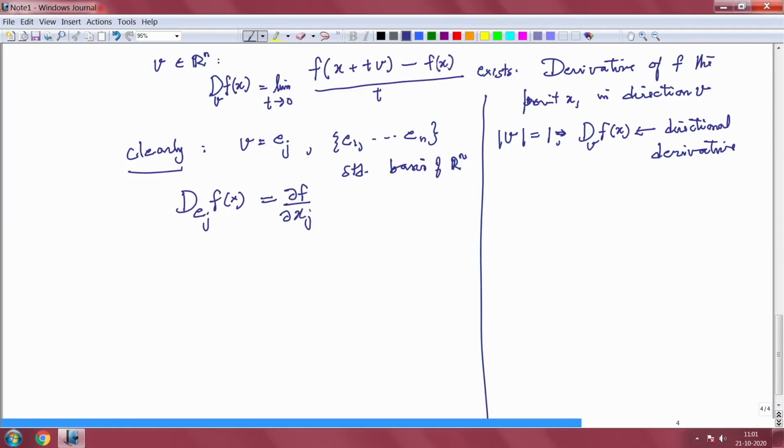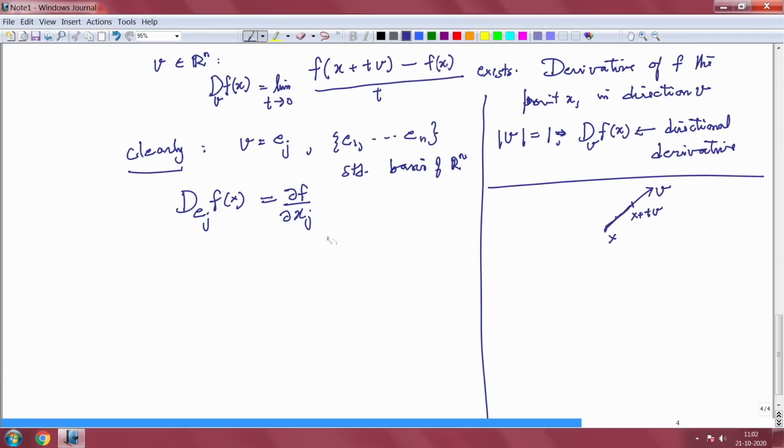So, you see, you have derivatives defined in all directions. If you have a point x and this is your v, then x plus tv will be here. When t changes, this point changes along this direction. When t becomes smaller and smaller, it moves closer to x, and the values of f change along that direction.